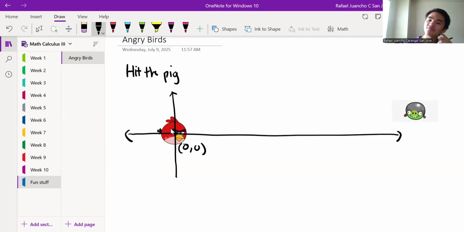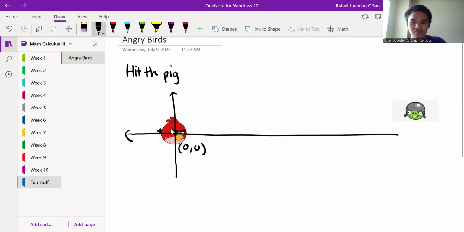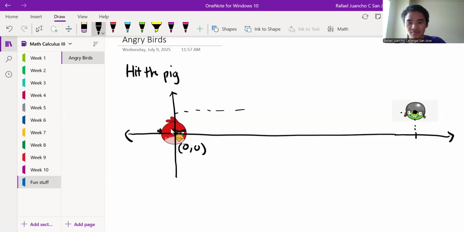Let's say my bird's at the origin, and let's say my pig is here. This is some point on the Cartesian plane, the xy plane.